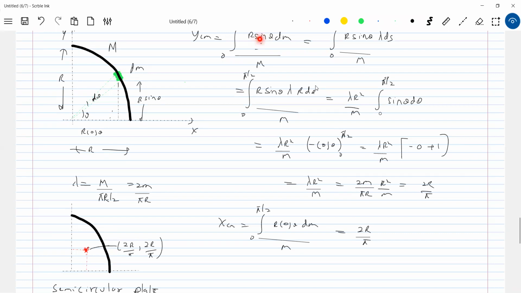R sin theta is the location of the center of mass of that element from the origin, the y coordinate of the position of the center of mass of that element. Is it okay? Since the element was like a point, I took r sin theta here. So what is r sin theta? The y coordinate of the location of the center of mass.